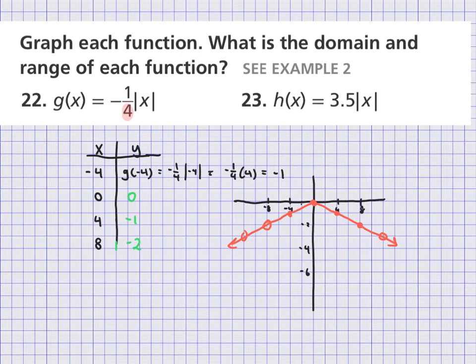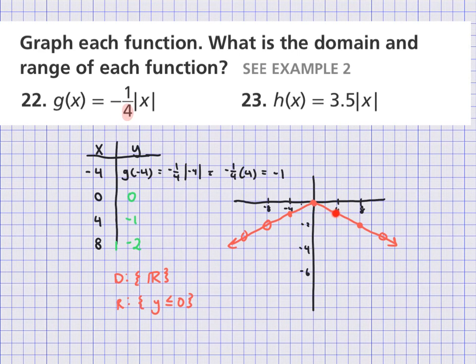Like so. So what's my domain? My domain is all real numbers. Any x is allowed to go in. But what kinds of numbers come out? Well, y is less than or equal to 0, because I'm getting 0 and all the negative numbers. So that's how we graph it right now. Right now we're just using a table of values. But notice the negative 1/4 here.